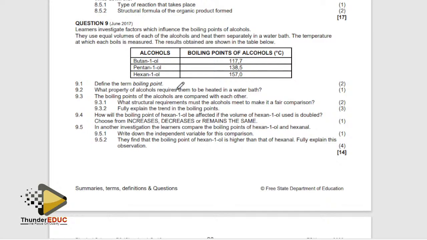They're saying boiling point, they're not asking you what is boiling. When they say boiling, it is the process when the vapor pressure is equal to atmospheric pressure. But when they say boiling point, then you say it is a point at which, yeah, please make sure that you differentiate that.